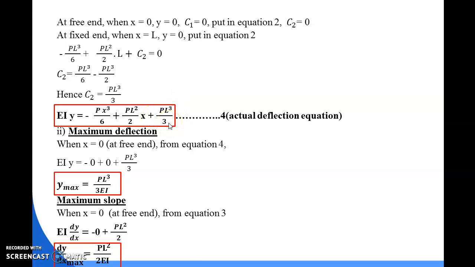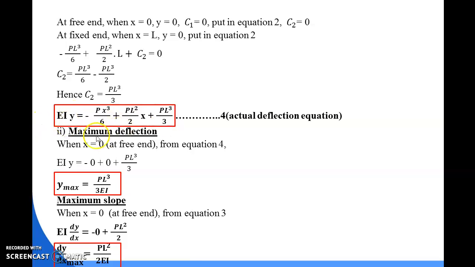Hence we got our slope and deflection equation for the cantilever beam, which is subjected to a point load at the free end. So now for the maximum slope and maximum deflection value, we need to put some condition by which we can find out the y max and dy by dx max value.